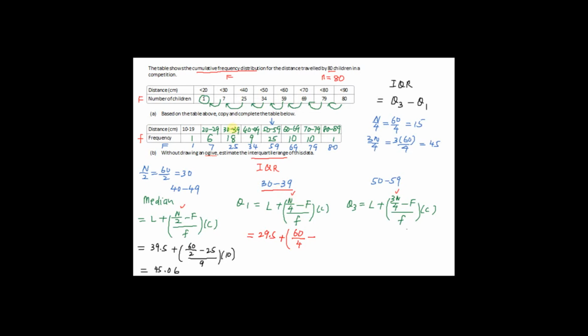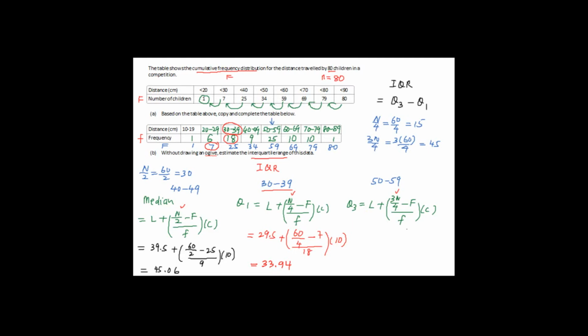The first quartile class is 30 to 39, so the cumulative frequency before should be 7, divided by the frequency of this class, which is 18, multiplied by your class size. Your class size is 39.5 minus 29.5, which is still 10. This equals 33.94. So this is the value for your Q1.